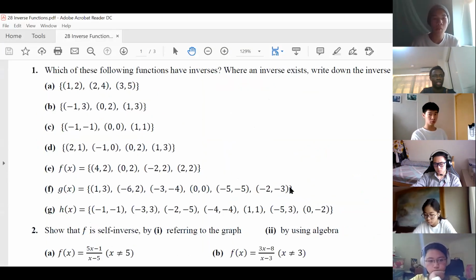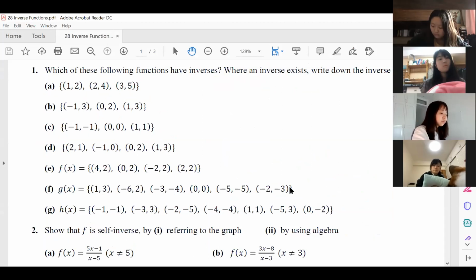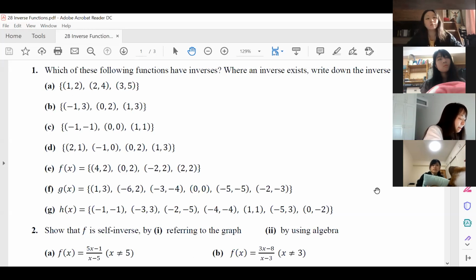Okay, so here are the questions. Look at questions A, B, C. What I said, I'm going to write it as a note for you on the board. Look at question A. Does question A meet the criteria of both? Because it already says which of the following functions have an inverse, which I will assume are already checked to be functions.